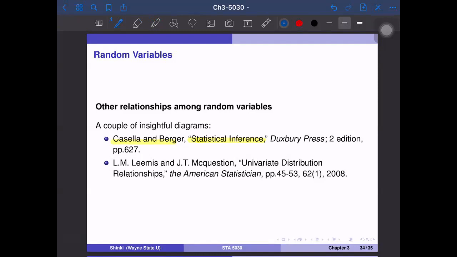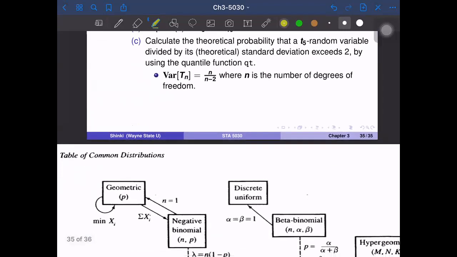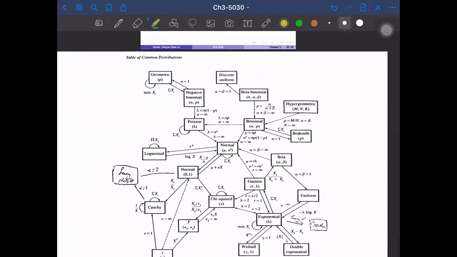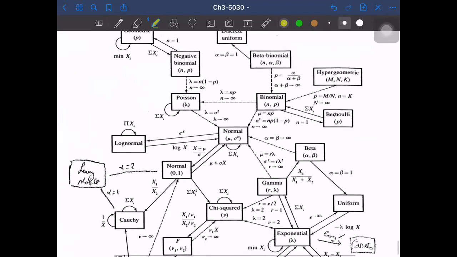And also this article has a little more comprehensive map on how distributions are related. So this is actually the picture from the Casella and Berger textbook.